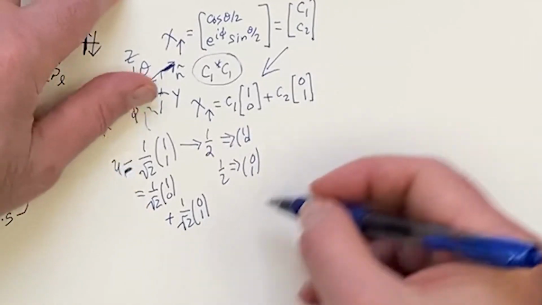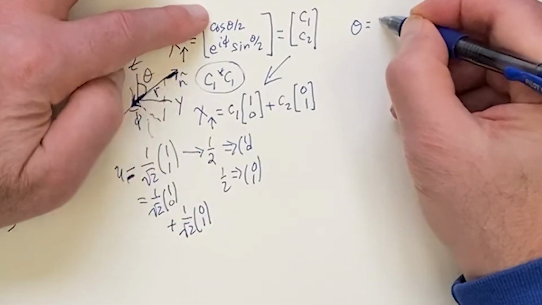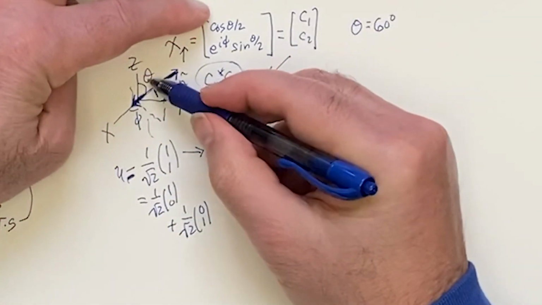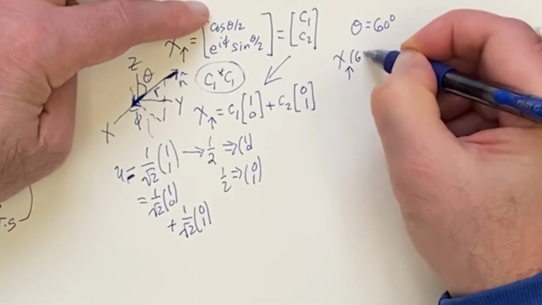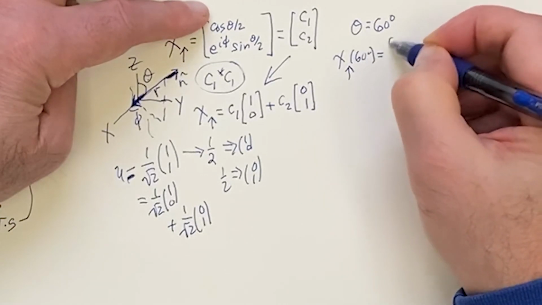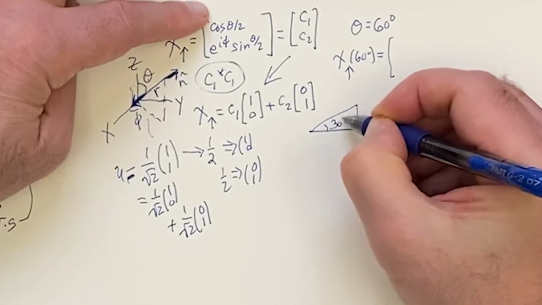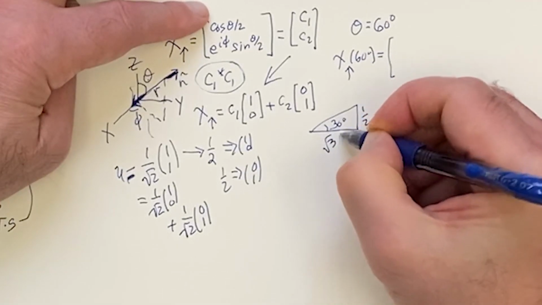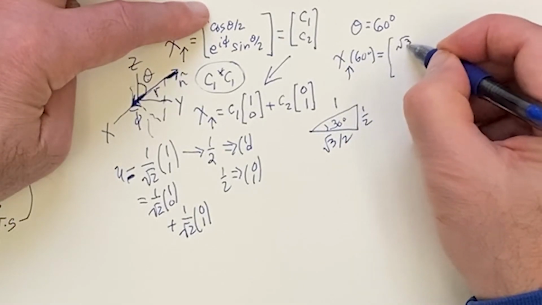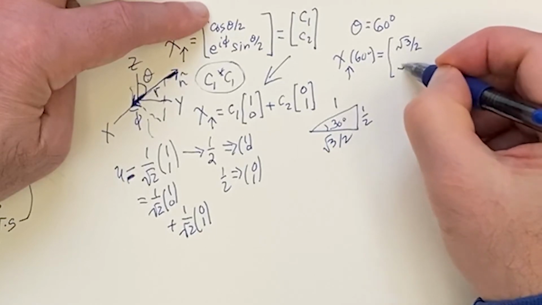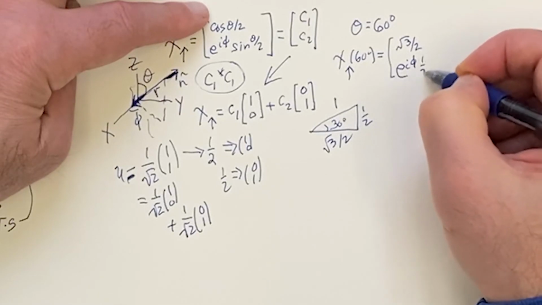If you want one more example, we can take theta to be 60 degrees. Then for the 60 degree case, you would have cosine of 30, which is the square root of 3 over 2. And for the lower one, you'd have e to the i phi times sine of 30, which is 1/2.